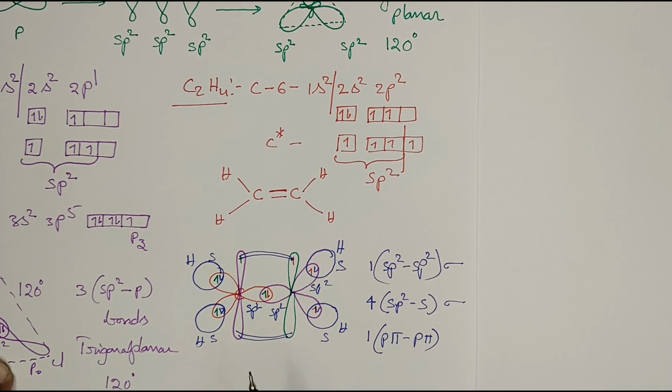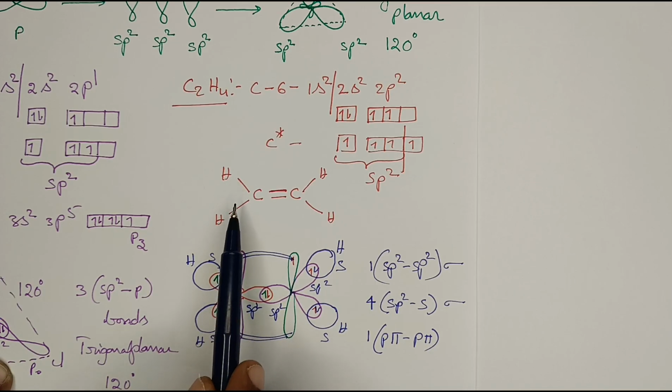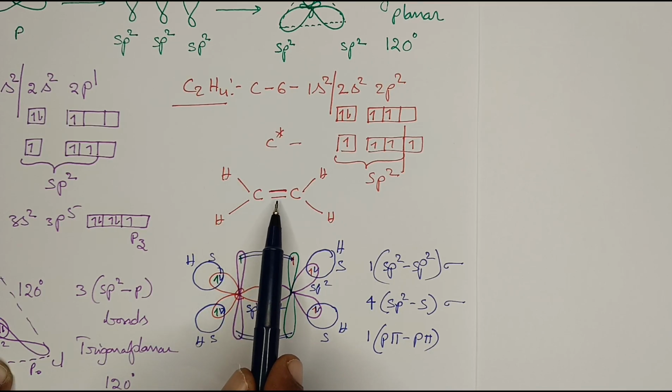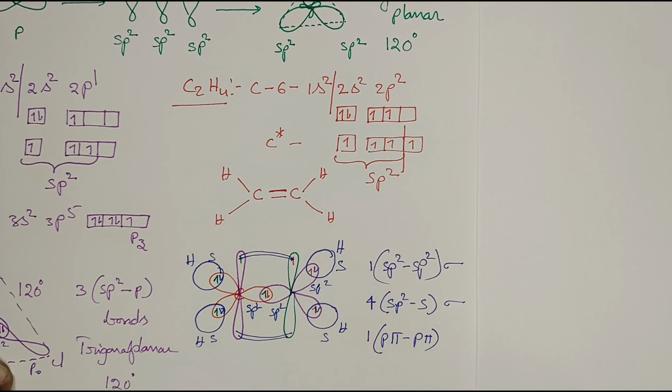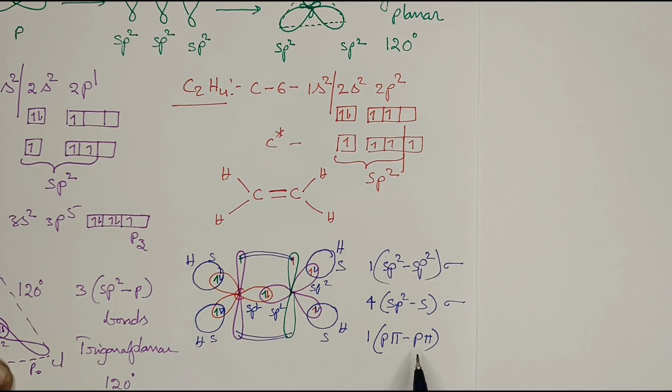So in this structure, we have one sp2-sp2 sigma bond, 4 sp2-s sigma bonds, and one pi bond will be like this. So we have 1, 2, 3, 4, 5 sigma bonds, that means 4 plus 1, and this one is a pi bond, so 1 p pi bond.